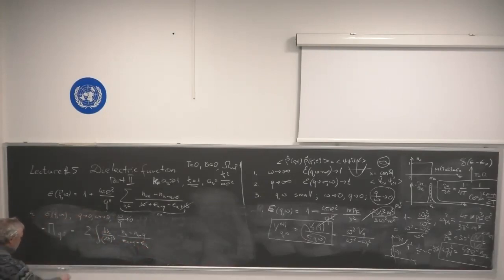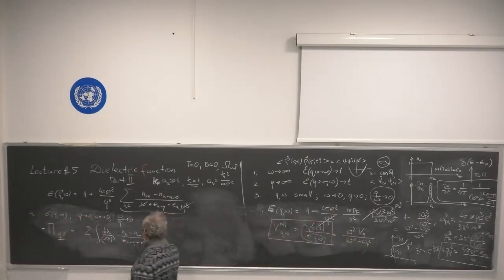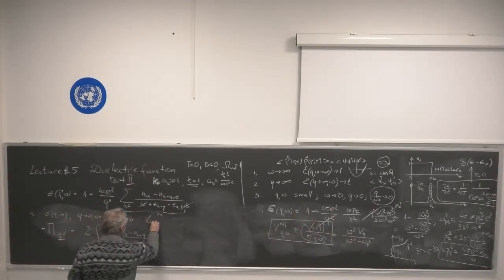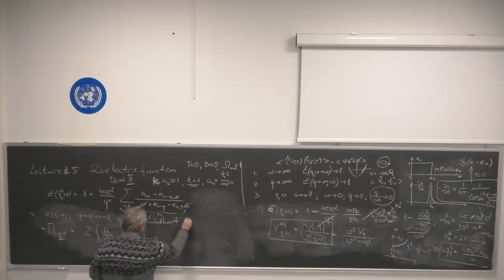So this is static, taken at omega to 0. Here I'm not going to Taylor expand, I'm going to calculate this function exactly. So this is a difference with the way I computed it before. Now I'm going to sketch for you the exact calculation of this function, which is known as the Lindhard function.